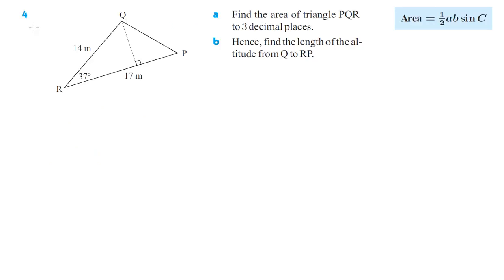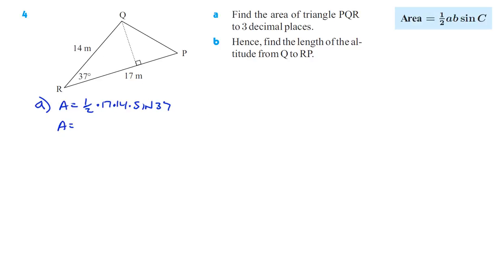Number 4, part A. Find the area of triangle PQR to 3 decimal places. So PQR, this whole thing right here. That shouldn't be too bad because look, we have the two sides and the angle in between them for that triangle. So the area is going to equal 1/2 of the two sides multiplied together, so 17 times 14, or 14 times 17, doesn't matter, times sine of the angle between those two sides, sine of 37.